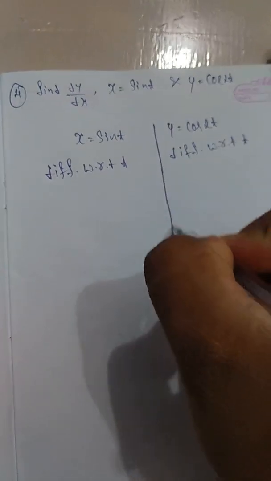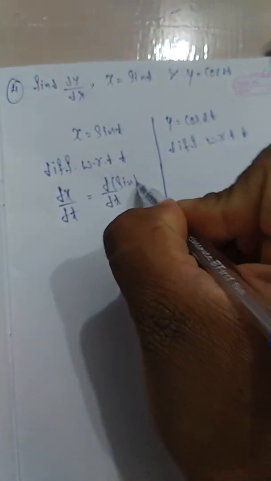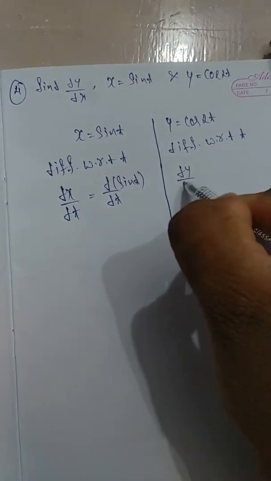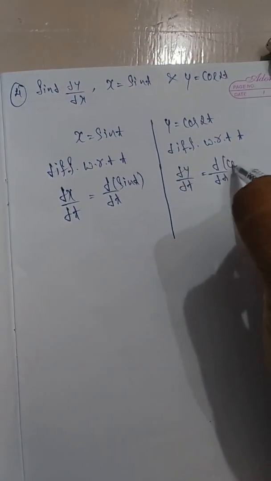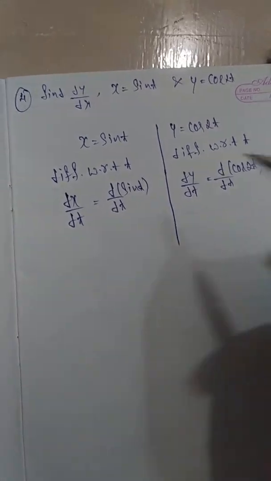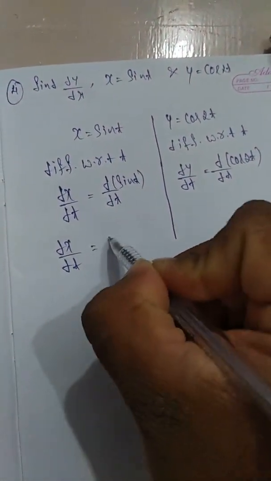So here dx/dt is equal to the differentiation of sin t. dy/dt is equal to the differentiation of cos 2t. Now dx/dt is equal to, what is the differentiation of sin t, it is cos t.